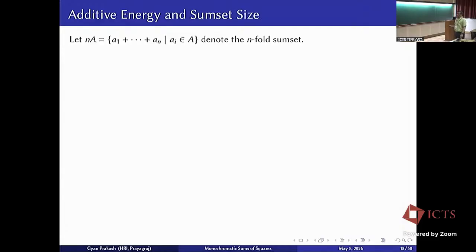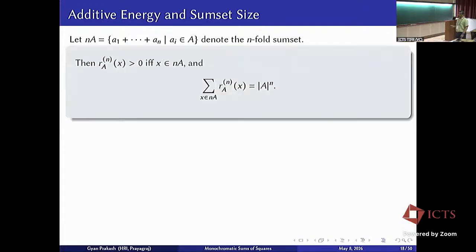We write nA as the set of a1 plus ... plus an, with ai belonging to A, denoting the n-fold sumset. Then R_{A,n}(x) is greater than 0 if and only if x belongs to nA. The summation over x in nA of R_{A,n}(x) is nothing but the cardinality of A to the power n, because here you are counting all the tuples with multiplicity according to the sum.